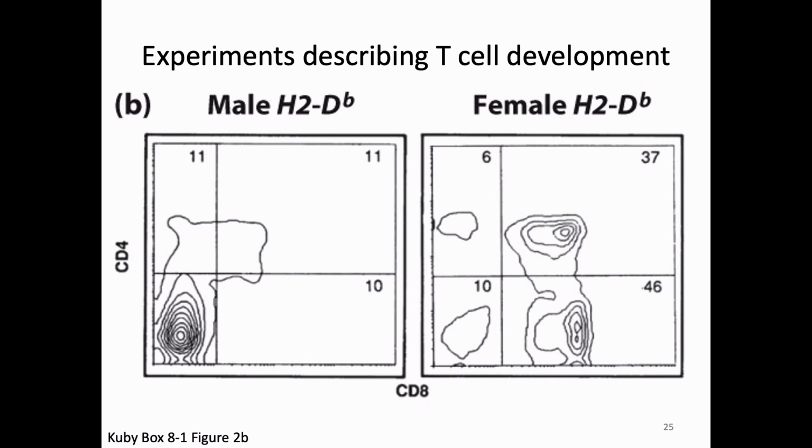Yeah, so we can tell that double negative must be first. That must be the first thing the cell tries to do. The next thing the cell tries to do is double positive. In this case, it gets killed in that process, and we can't get to the later ones. Here, it gets allowed to make double positives, but the single positives must be last, because it gets killed before they get to do those. And so these experiments really are the experiments that explained all of T cell development.